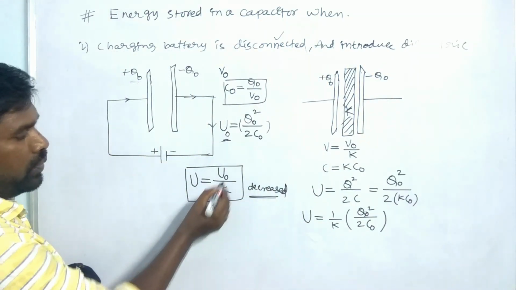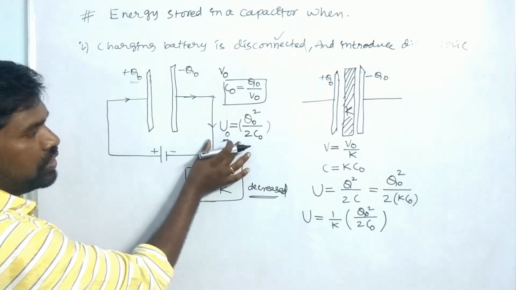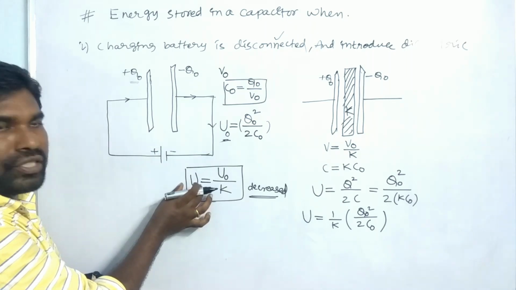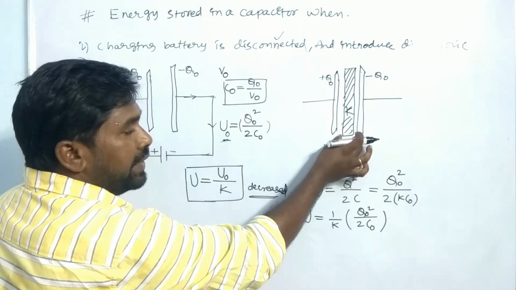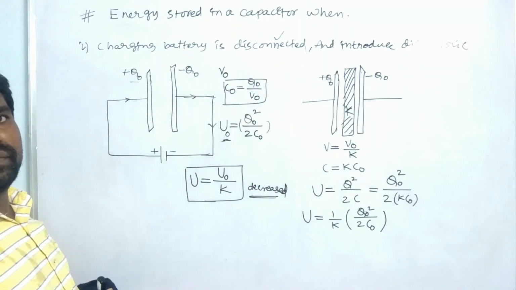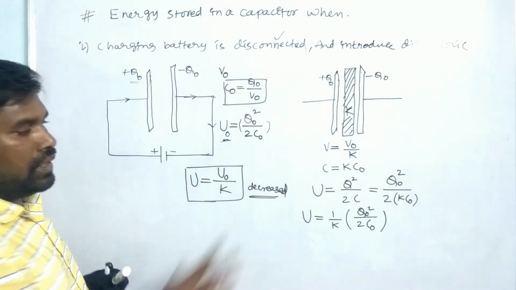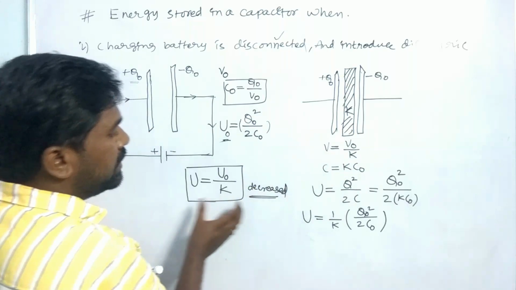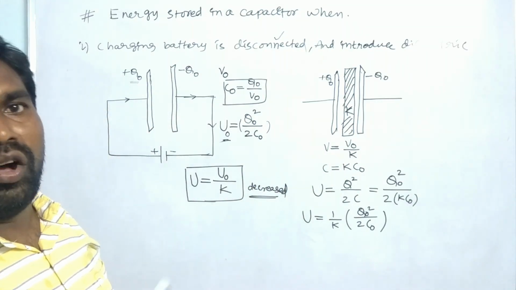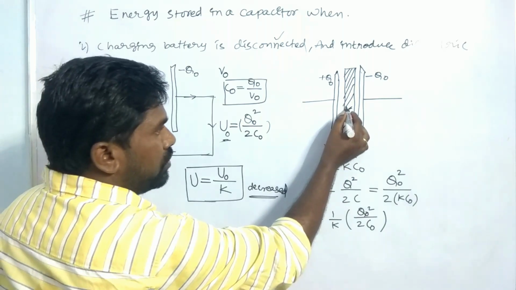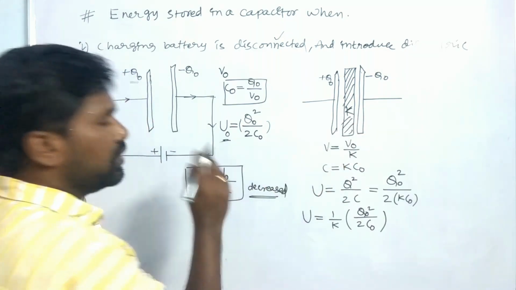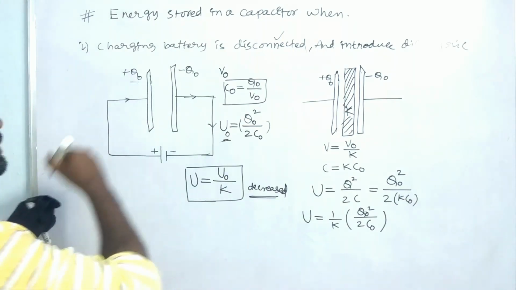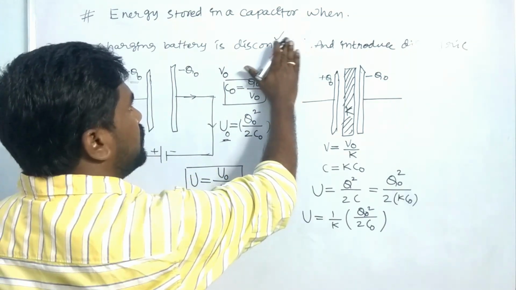So U is equal to U0 by K. U0 is the energy where there is no dielectric between the two plates, and U is the energy where the dielectric is between the two plates of a capacitor. Clear? So whenever we introduce the dielectric between the two plates of a capacitor and disconnect the battery, the energy decreases. How much it decreases depends on the dielectric constant introduced between the plates, so the energy decreases by that factor. Okay. Now the second case, where the charging battery is continued.